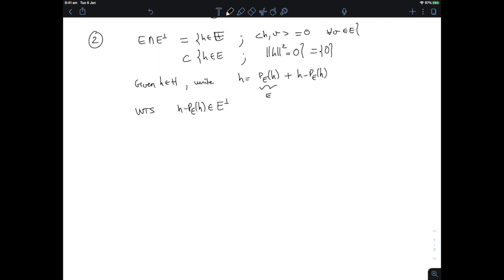Okay, that's fine. So to do this, let's take a V in E and let's give ourselves an epsilon worth of room. It's going to allow for a perturbation argument and sending epsilon to 0.